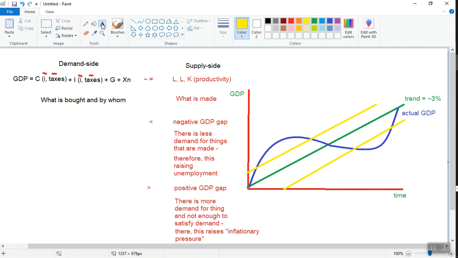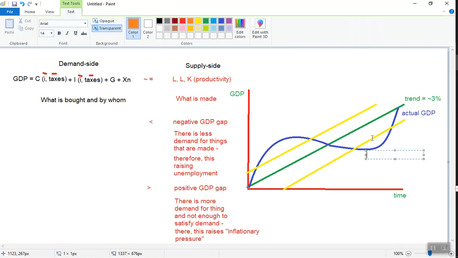And when we are contracting towards the trough, the low point, remember the worry and the target is that unemployment is kept to something less than 5%.